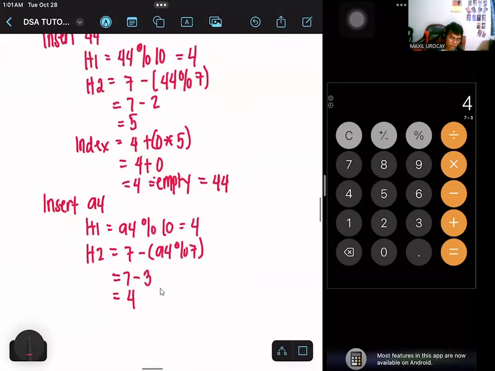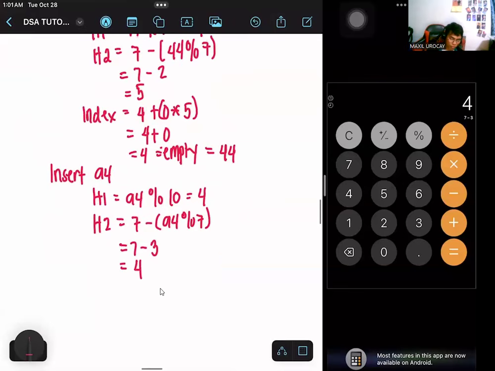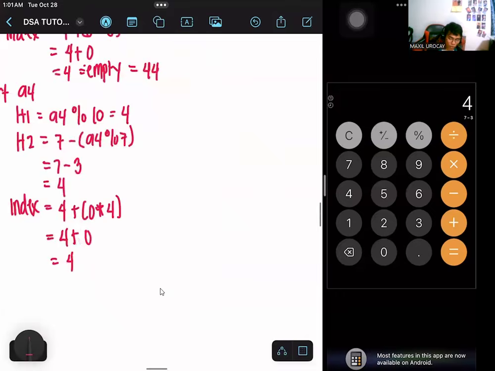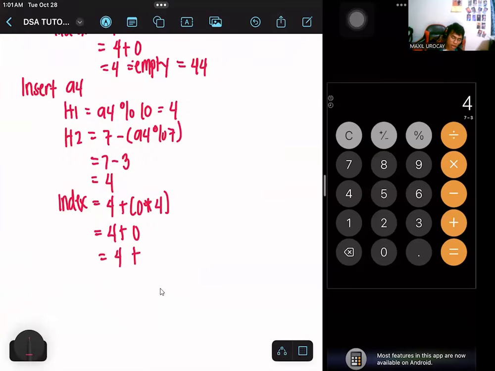Now calculating the index: the hash 1 is 4, plus 0 times the hash 2. So it will become 4 plus 0, and that is 4. Your index 4 right now is actually taken.